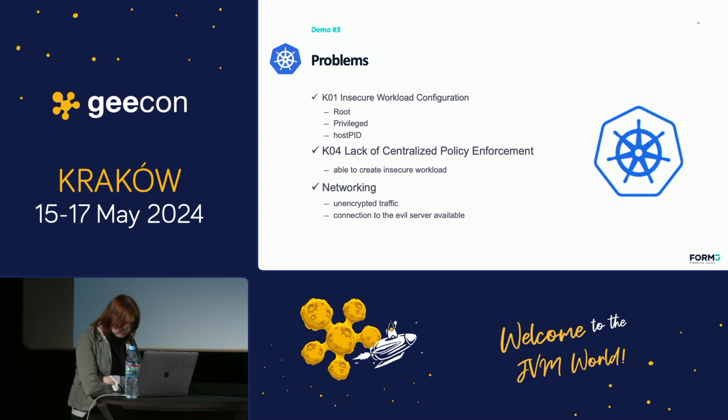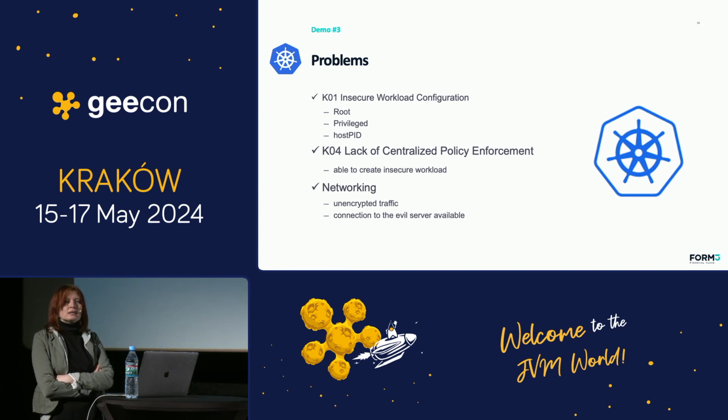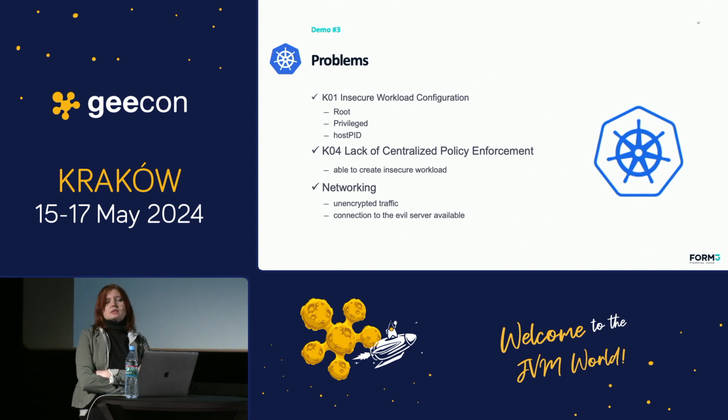I don't remember how many times I had this discussion with more junior DevOps developers. We don't need encryption inside our private networks. This is private, nothing wrong can happen, so we are safe. You see that this is a series of small misconfigurations, and together they could lead to a successful attack and compromise of the entire cluster.